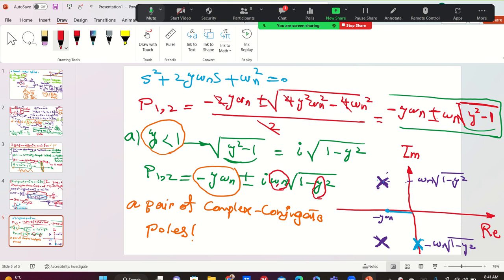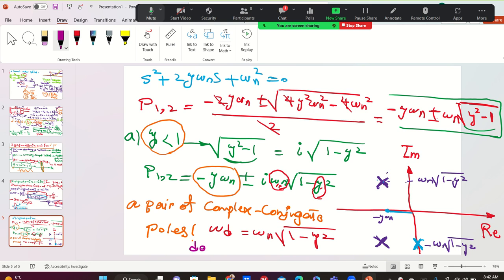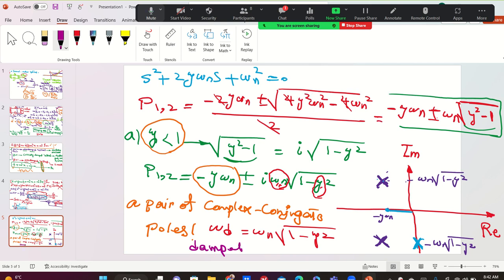So it says your natural frequency being damped. So we name this omega d, omega n times the square root of 1 minus zeta squared. The technical name of this is the damped natural frequency.